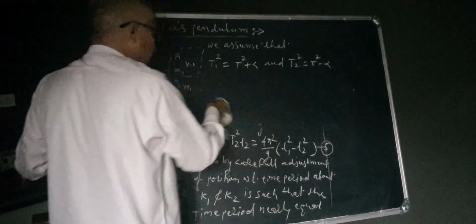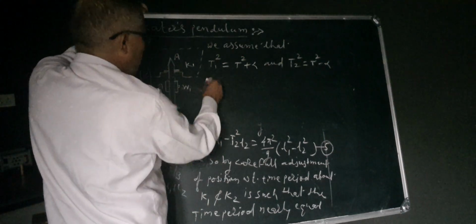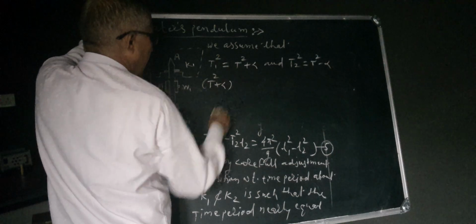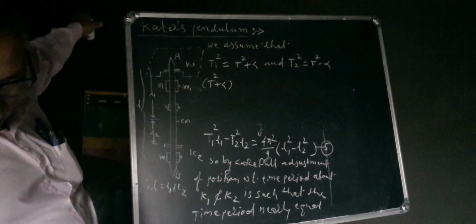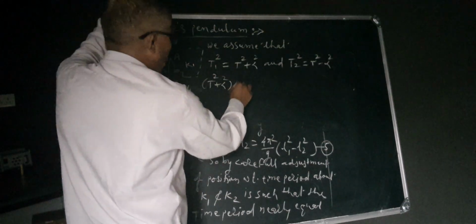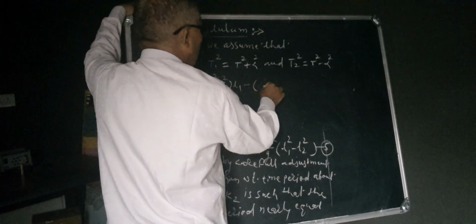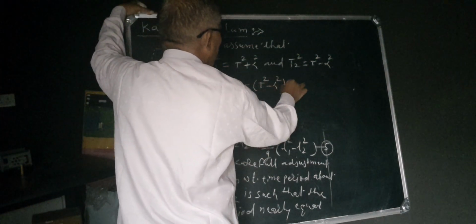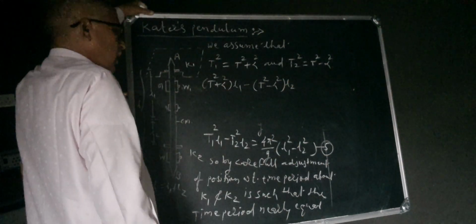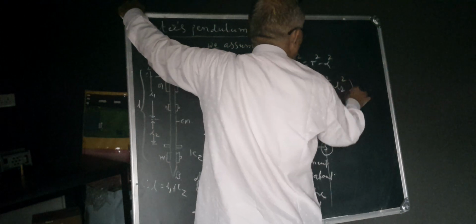Here in this equation number 5, you have to put these values of T1 square, which is T square plus alpha, into L1, minus T2 square, which is T square minus alpha, into L2, equals 4 pi square upon g into the bracket L1 square minus L2 square.